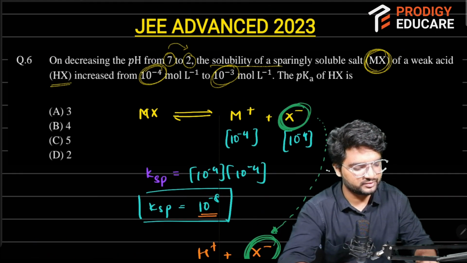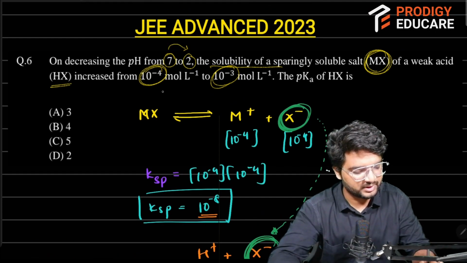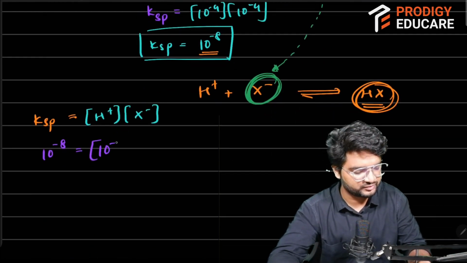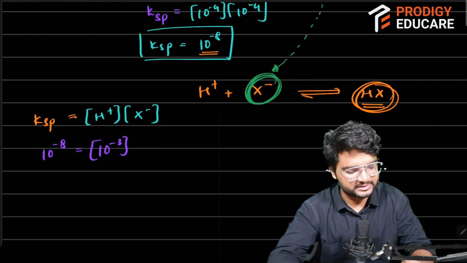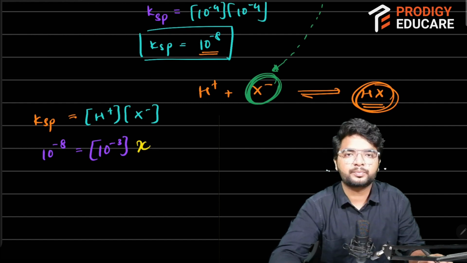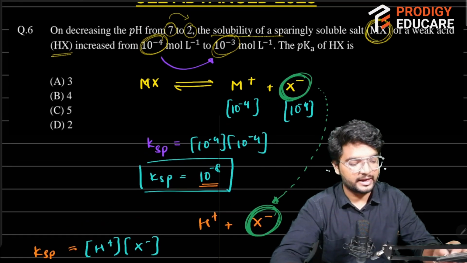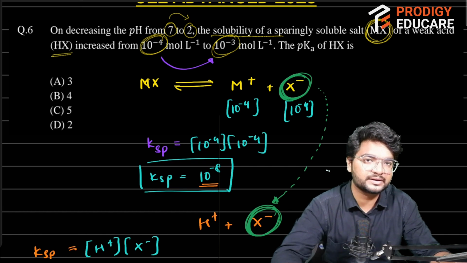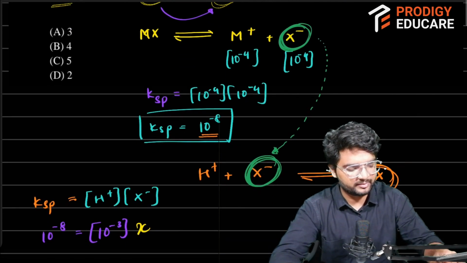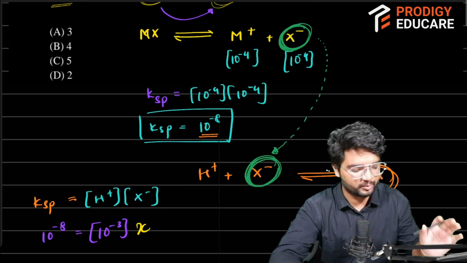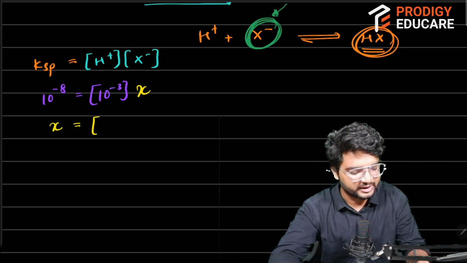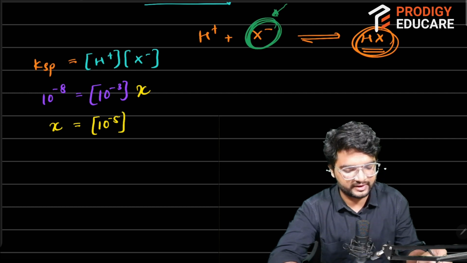For H plus, we know that the solubility has changed from 10 raised to minus 4 to 10 raised to minus 3. So this will become 10 raised to minus 3. And this X value we don't know. From the dissociation of MX, some concentration of X minus, of course a limited amount, will come over here for the formation of HX, but we don't know how much. So we can calculate it, and the concentration of X will become 10 raised to minus 5.